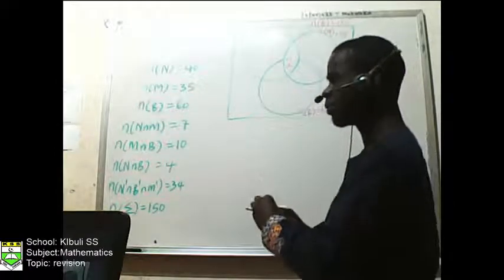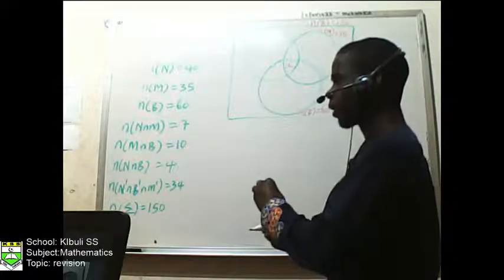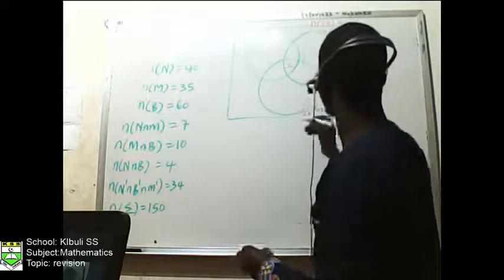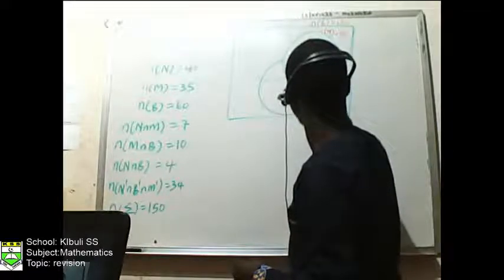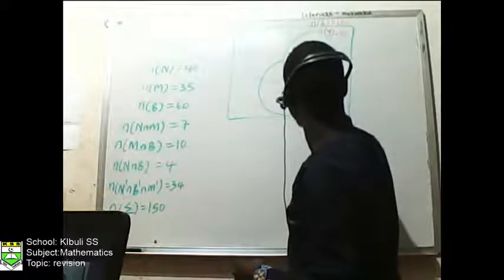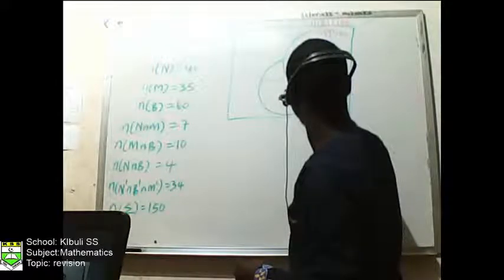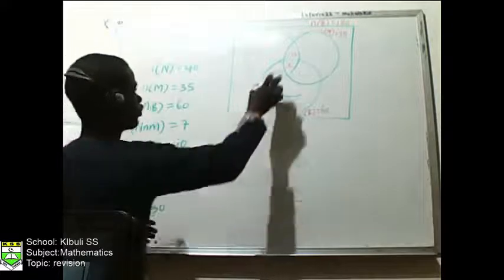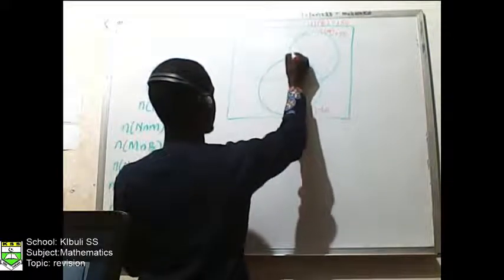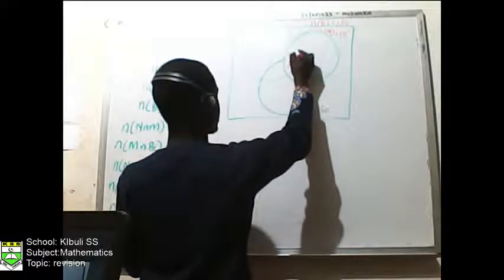So you are supposed to write 7 minus X. I don't know whether it is visible. It is supposed to be 7 minus X.